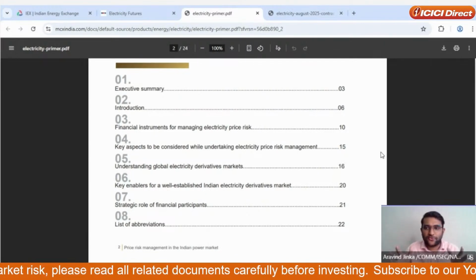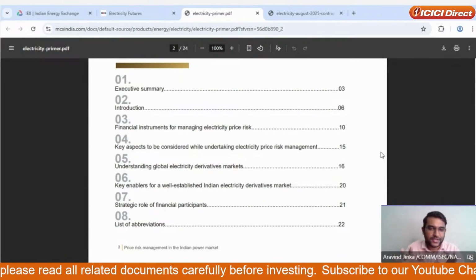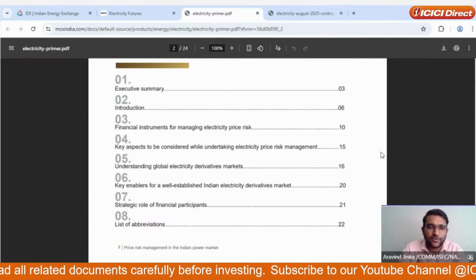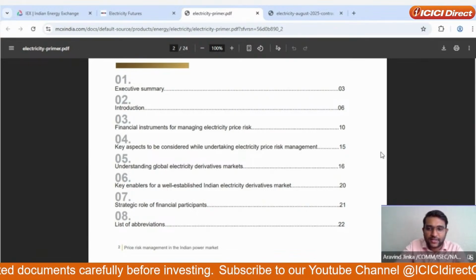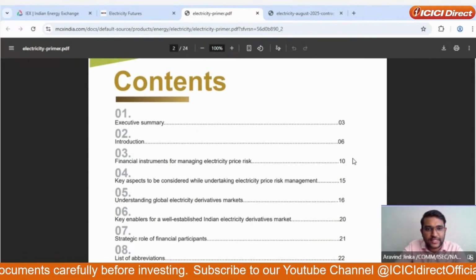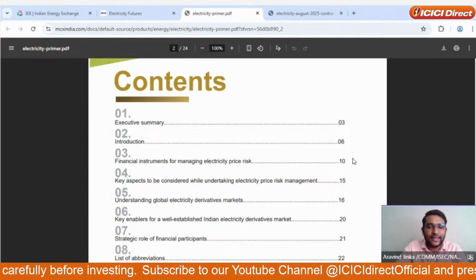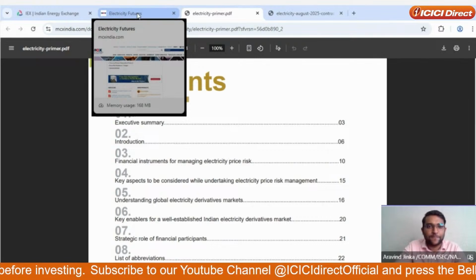So there is a lot of fundamental information available on the MCX site itself in the product page. If you want to explore more, you can go to other sites as well, like IEX that we had just covered. So there is enough information for you to first take complete fundamental information about the contract, and then take informed decisions while trading in electricity futures.